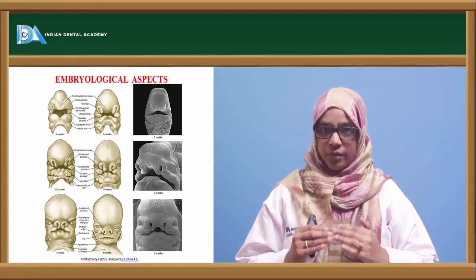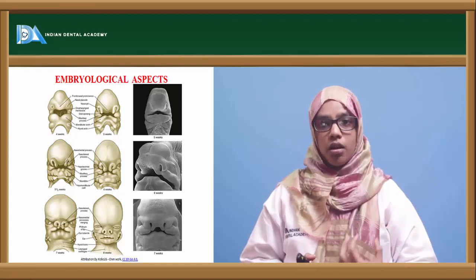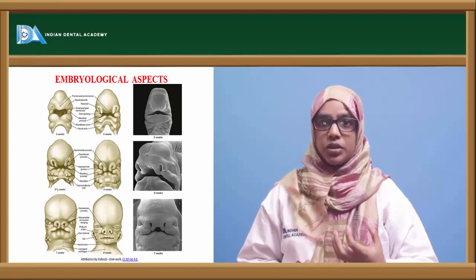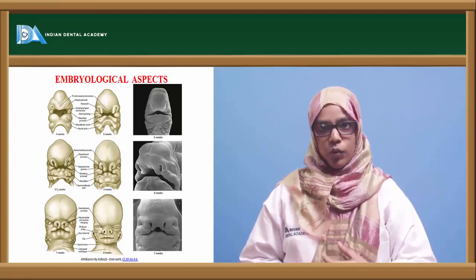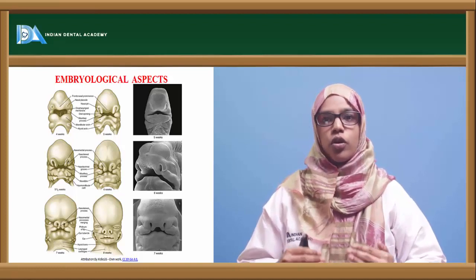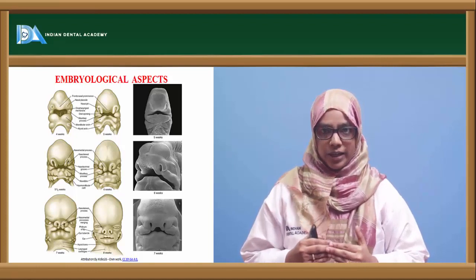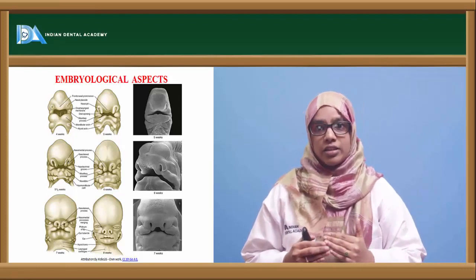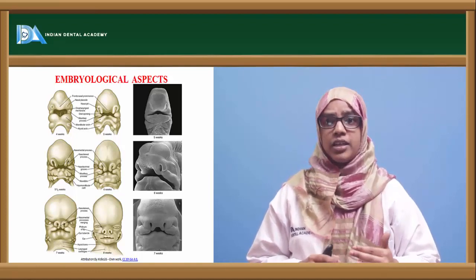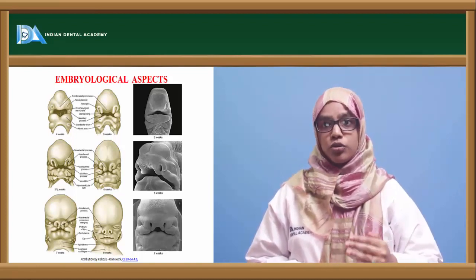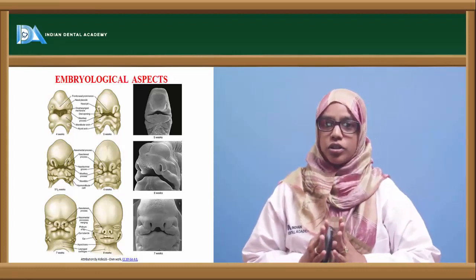As the embryo develops, the mandible moves forward, and along with it the tongue, at around the 7th week of gestation. As the tongue moves forward, the palatal shelves move to a more horizontal position and fuse with each other to form the secondary palate. The secondary palate anteriorly fuses with the primary palate at the incisive foramen, and the nasal septum eventually joins the anterior part of the palate. This is how the entire embryology takes place.